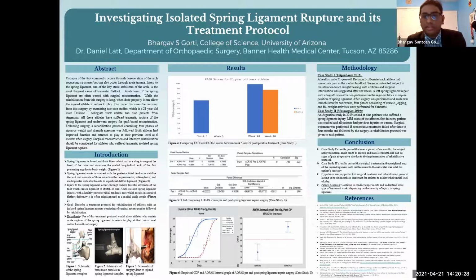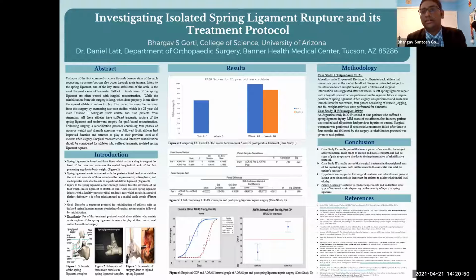For future research, I would like to continue to conduct more experiments and understand what type of treatments would be beneficial depending on the severity of the injury. In these case studies, the injury was not as severe, so these are the values and data sets that they have come up with.